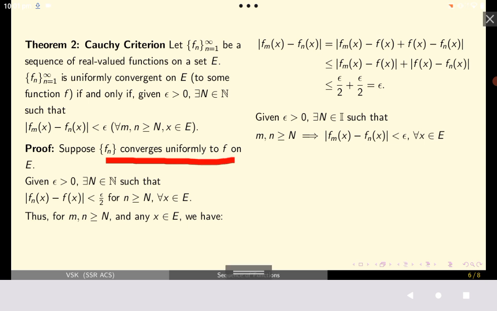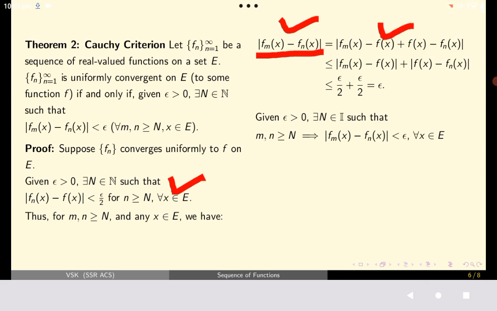Then by definition, given epsilon greater than 0, there exists some N such that |f_n(x) - f(x)| is less than epsilon/2 for all n greater than or equal to N and for all x belongs to E. So if m and n are greater than or equal to N and x belongs to E, we can use this expression and find |f_m(x) - f_n(x)|, which can be written like this, and using the triangle inequality it will be less than or equal to these two expressions, and each will be less than epsilon/2, which gives epsilon.